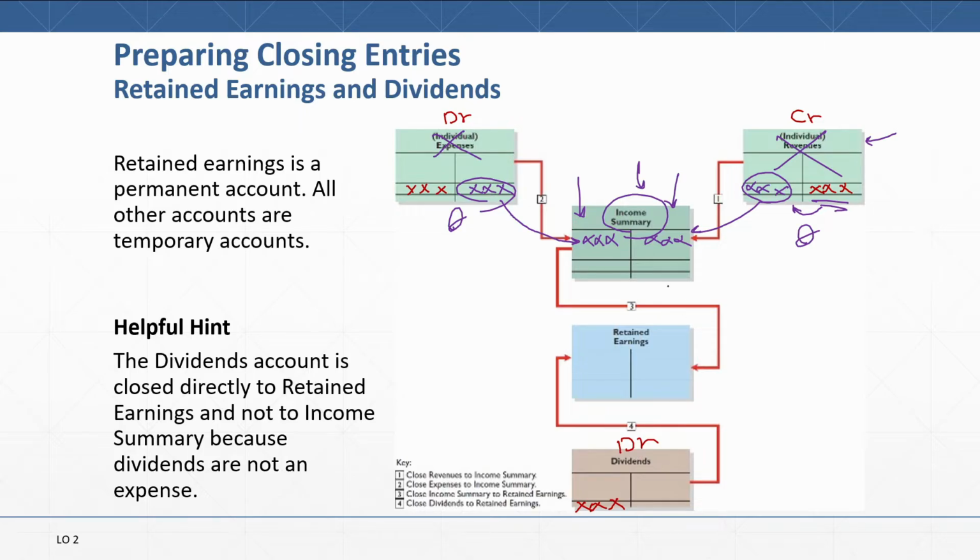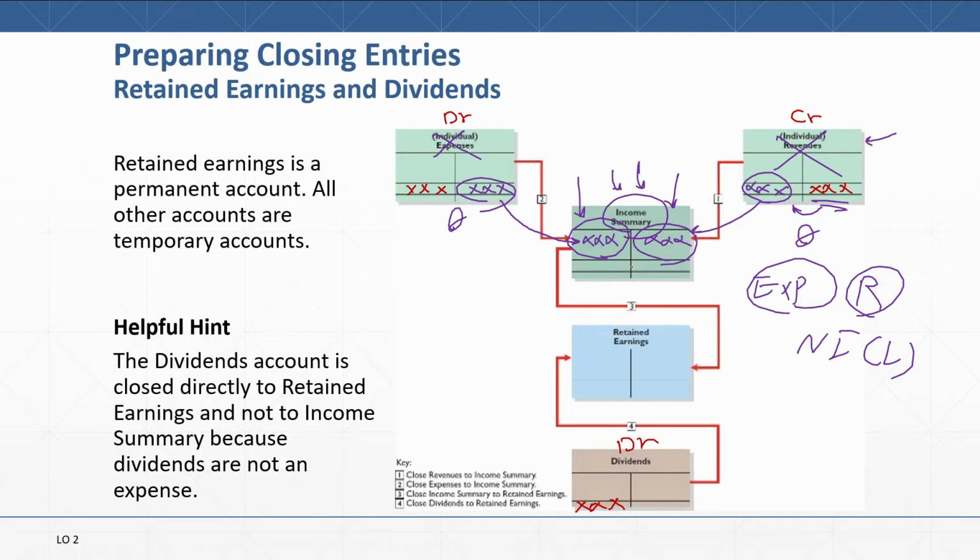The ending balance of this account, income summary, is basically equal to the difference between the debit side and the credit side, right? But hey, the debit side is our expenses, the credit side is our revenue. The difference between these two is our net income or net loss. See how that works?